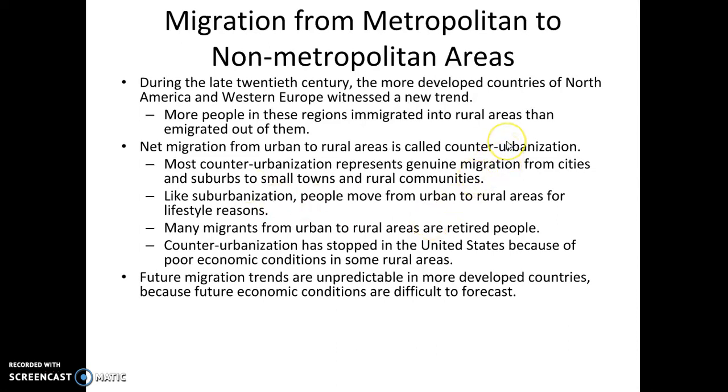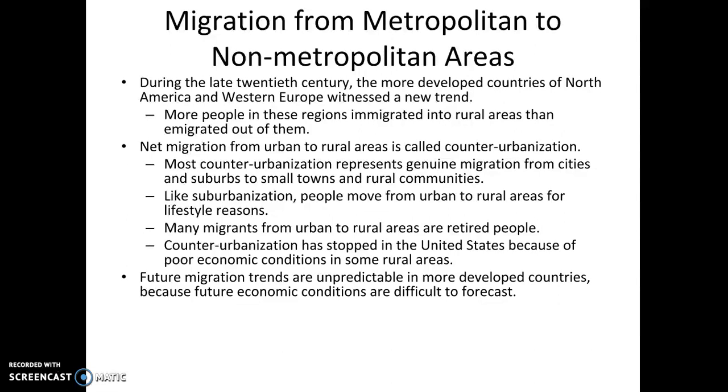This urban to rural migration pattern is called counter-urbanization, and this is that people want to move into small towns and rural communities. They are looking for an idyllic lifestyle. A lot of times it's retired people. Sometimes it's people who telecommute, meaning that because their job is very dependent upon technology, they can live anywhere, and many are choosing the rural areas because they're cheaper and they're perceived to be safer.